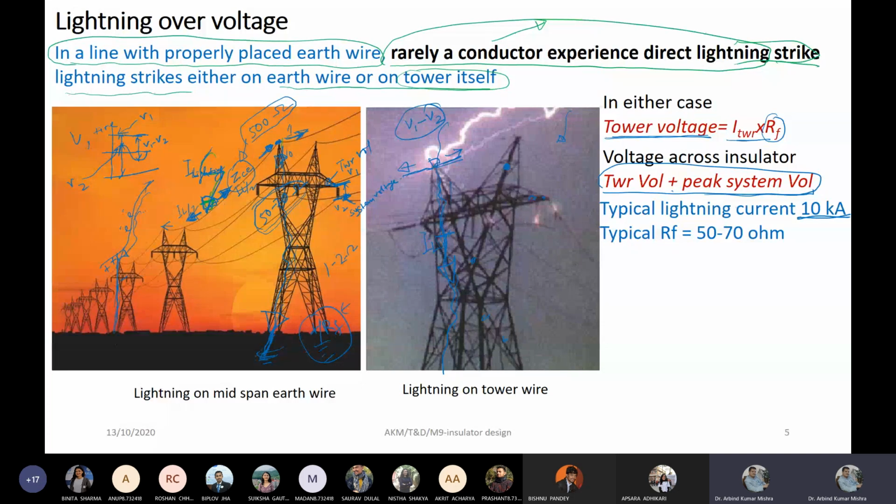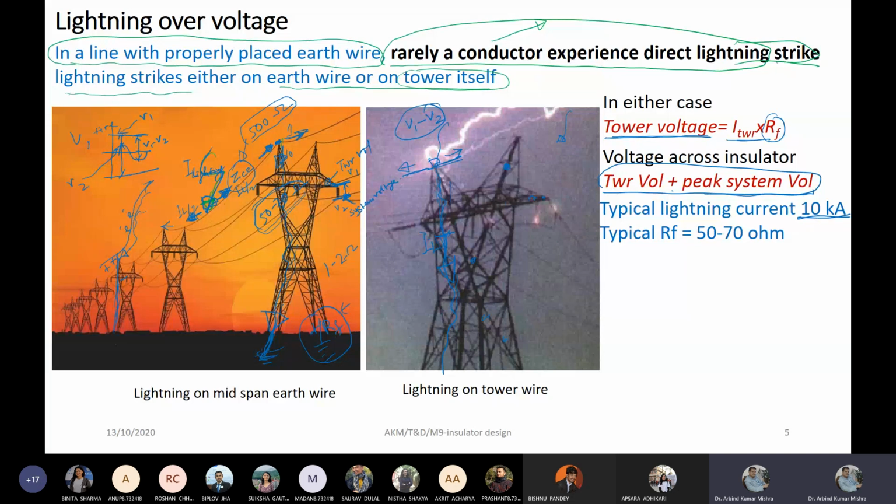So it has been seen that if lightning strikes, say, 100 times, then only one time is there a probability that the lightning current will exceed this 10 kiloampere value.